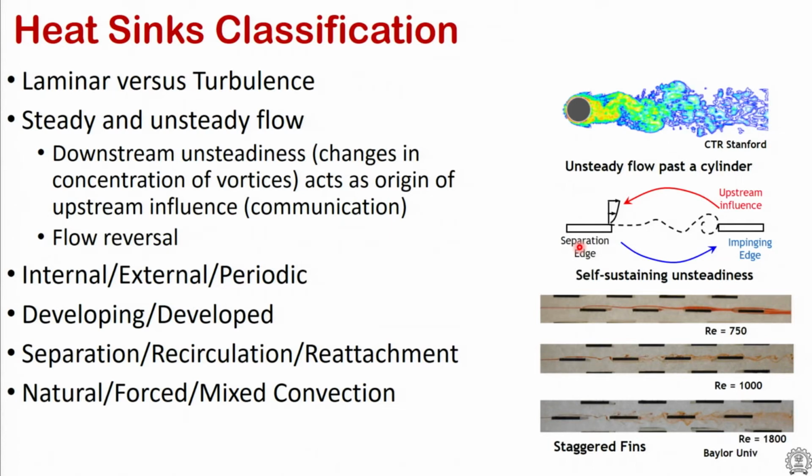So there is an interesting enhancement scheme where you do not want to operate in the turbulent flow regime because of Reynolds analogy. What ends up happening in the turbulent regime is that if you increase heat transfer, the pressure drop or the skin friction also increases simultaneously.